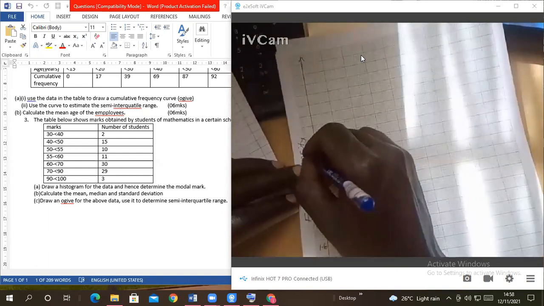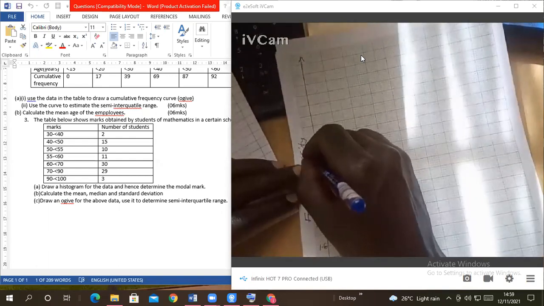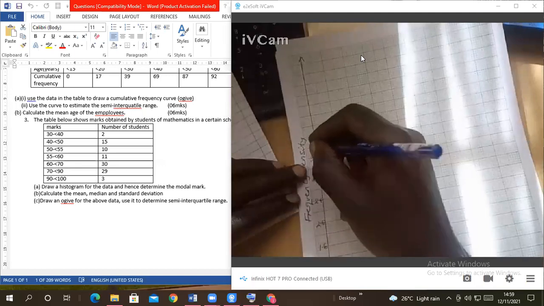Then you have 3. So you can see this is almost 3/4 of the page.